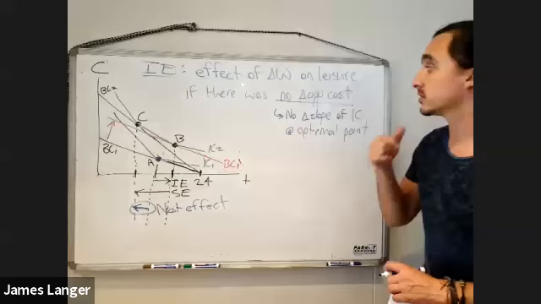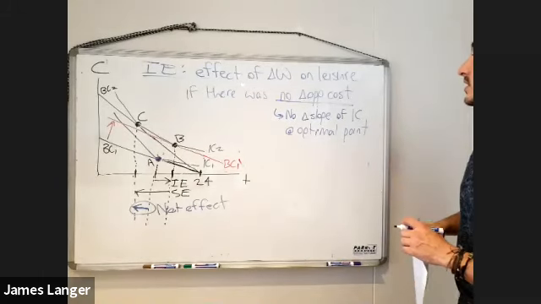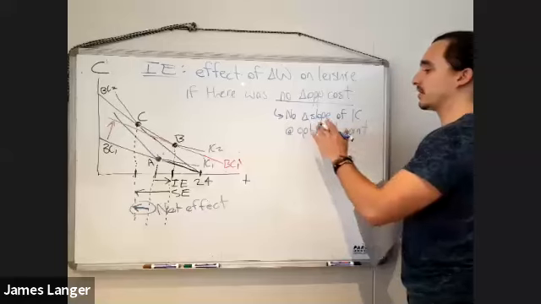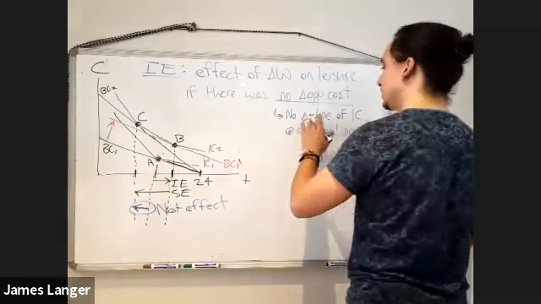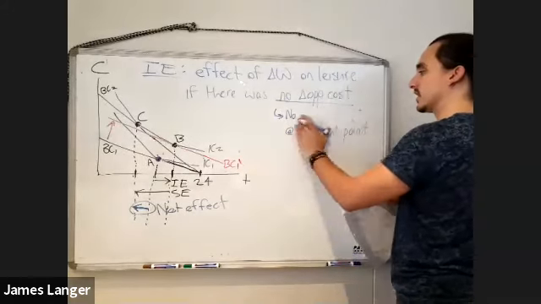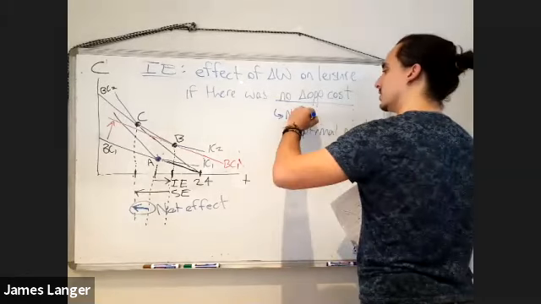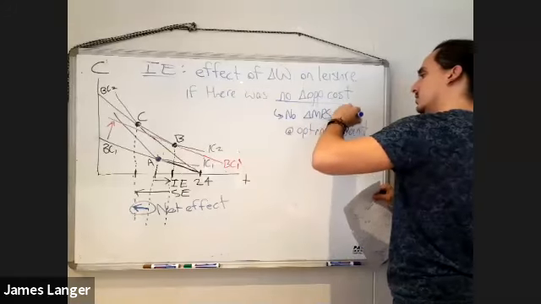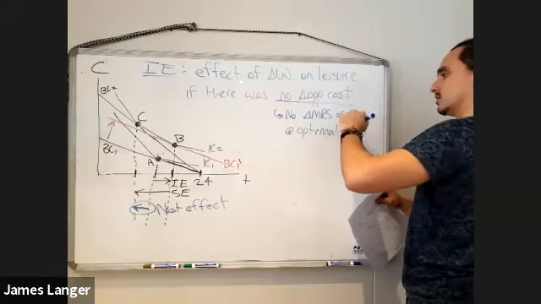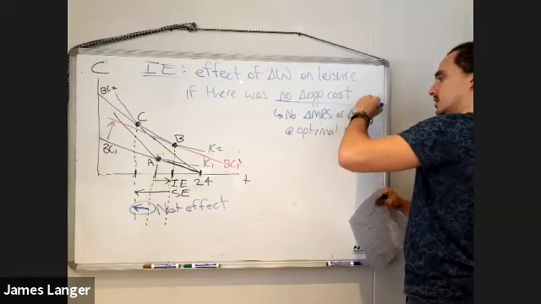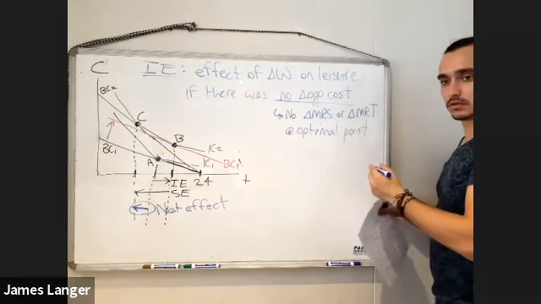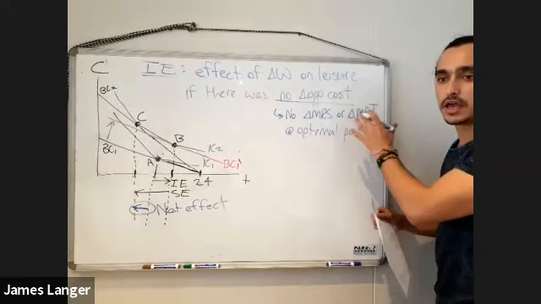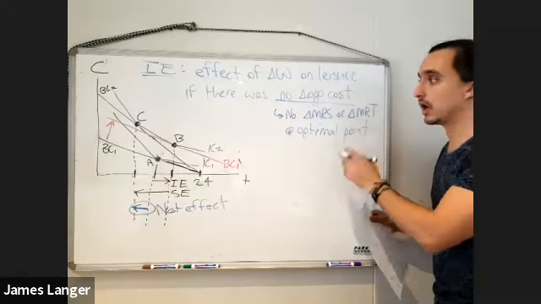So no change in the slope at the optimal point. Or rather think of it as no change in the MRS or no change in the MRT at the optimal point, which means the slope of the indifference curve. So the slope of the indifference curve wasn't wrong. I just wanted to give you this as well.